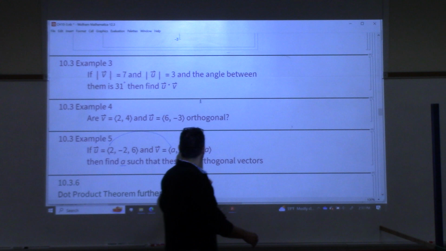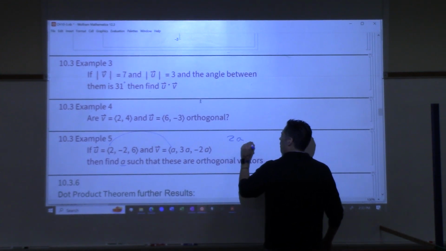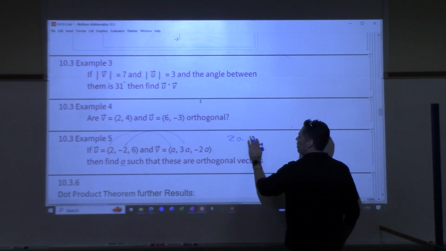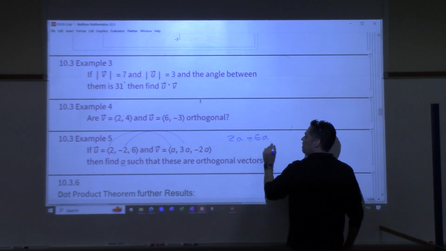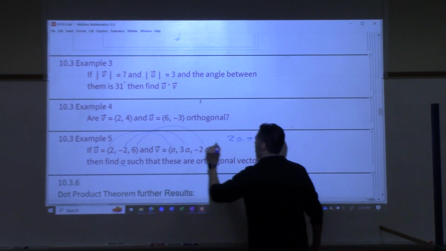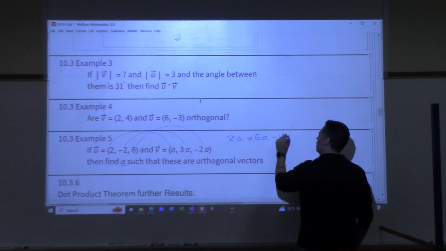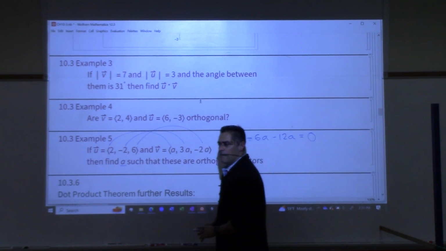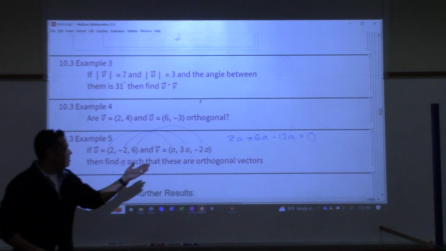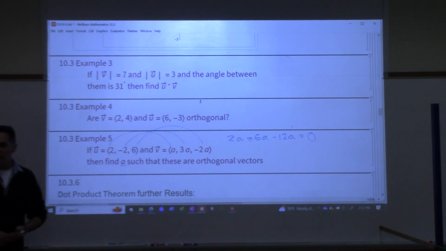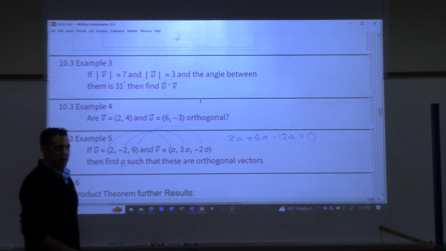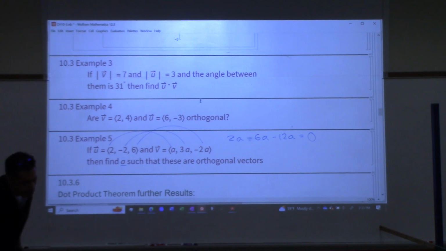This times this is 2a, plus this times this, minus 6a, and then plus this, that's minus 12a. You need that to be 0, right? That's what you need to solve for a. That's an easy equation to solve for a, really easy because it's just a little linear equation. But I believe the one on your take-home is much more complicated.